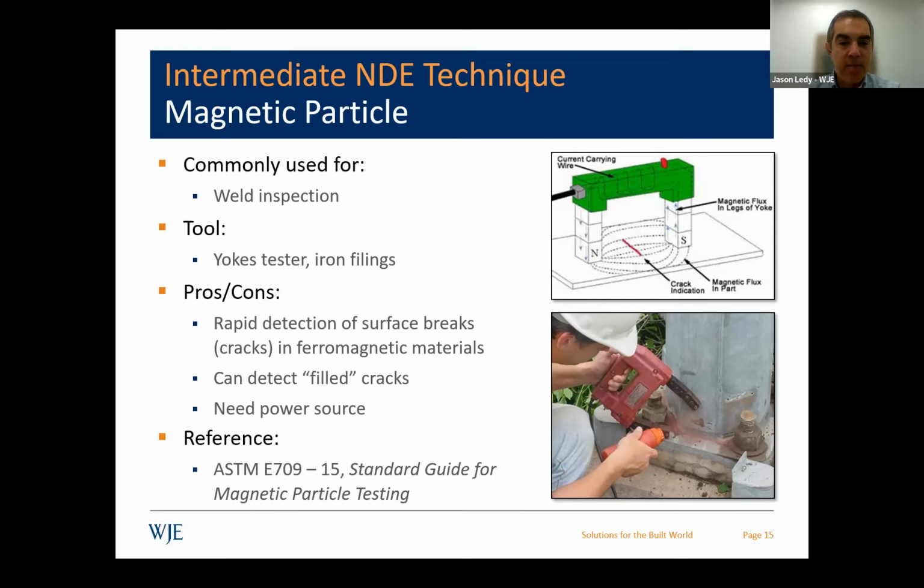And the ASTM has a standard for this method. You can see in the bottom right corner, it's being evaluated at the intersection of a pole and a base plate.